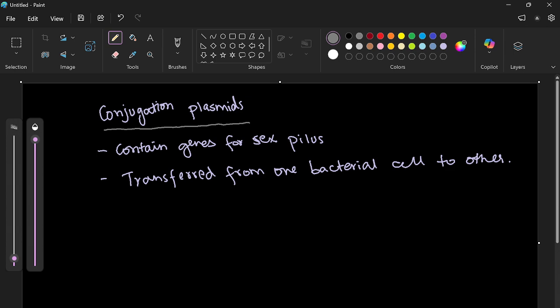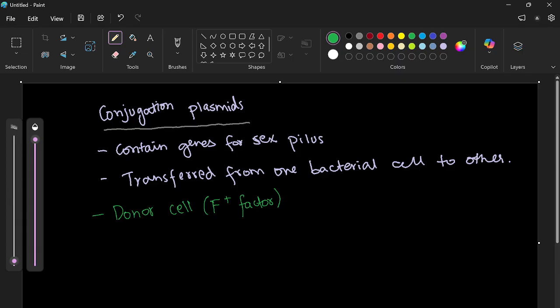Okay, so there are two types of cells. Yeah, we are looking at the bacterial cells, but one of the cells is a donor cell, okay? And additionally, it is also called F plus factor. Basically, it stands for fertility factor, okay?